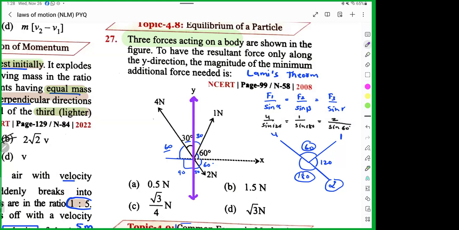Magnitude of the minimum additional force needed. How much force do you need? So resultant force will be only along with this. So if you take 2N, you can take its cos theta, 2N cos 30, correct? If you take 1N, you can take 1 cos 30, same here cos 30. So you will take all the components along the y-axis.